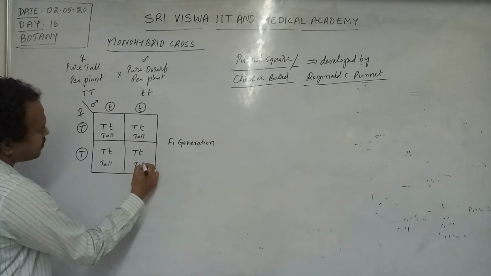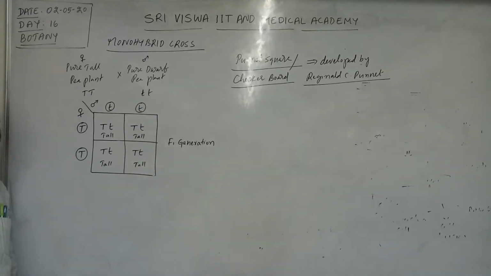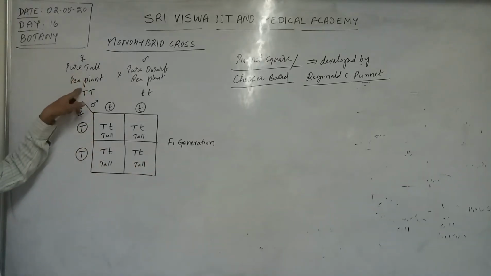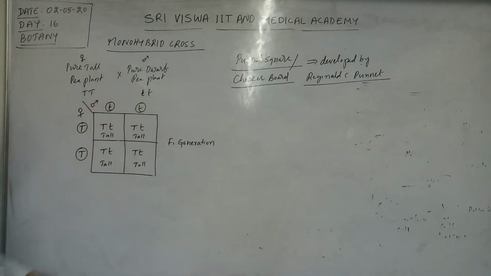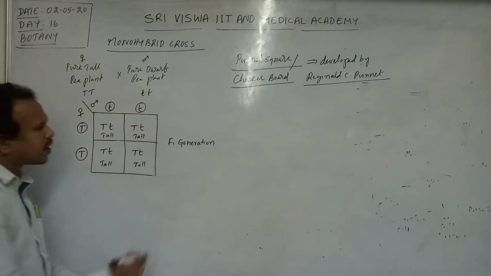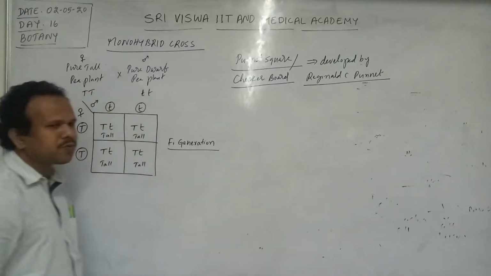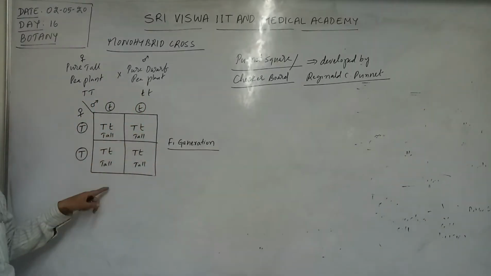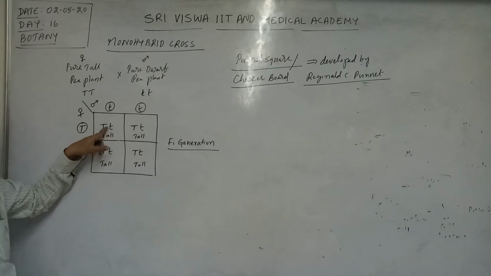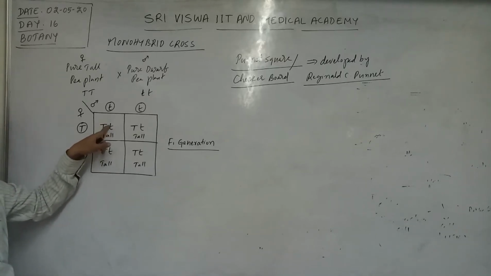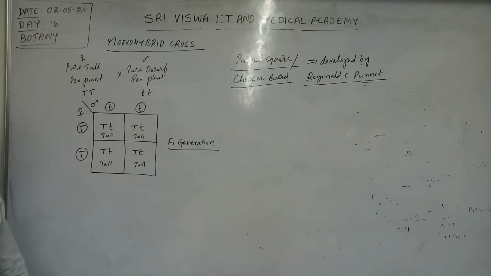Phenotypically tall. So when a pure tall plant is crossed with a pure dwarf pea plant, all tall plants are formed. All the plants formed in the F1 generation are tall with heterozygous condition, capital T small t.